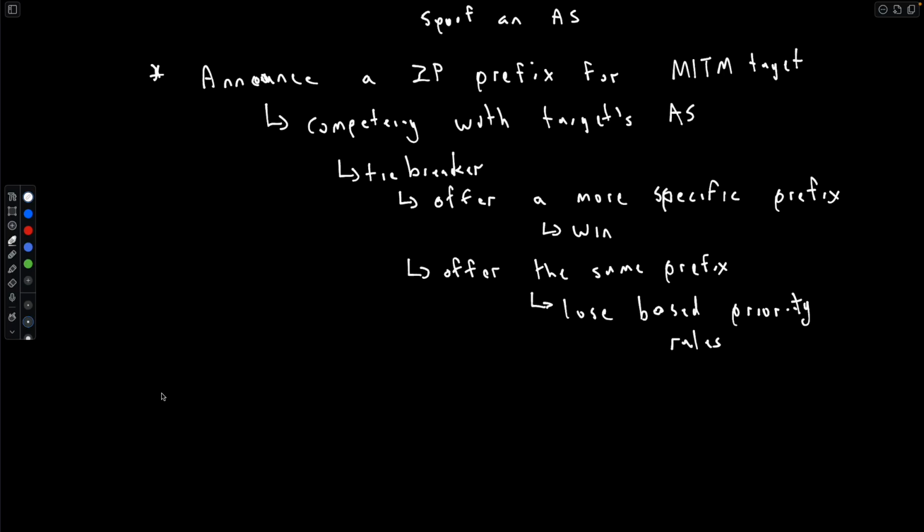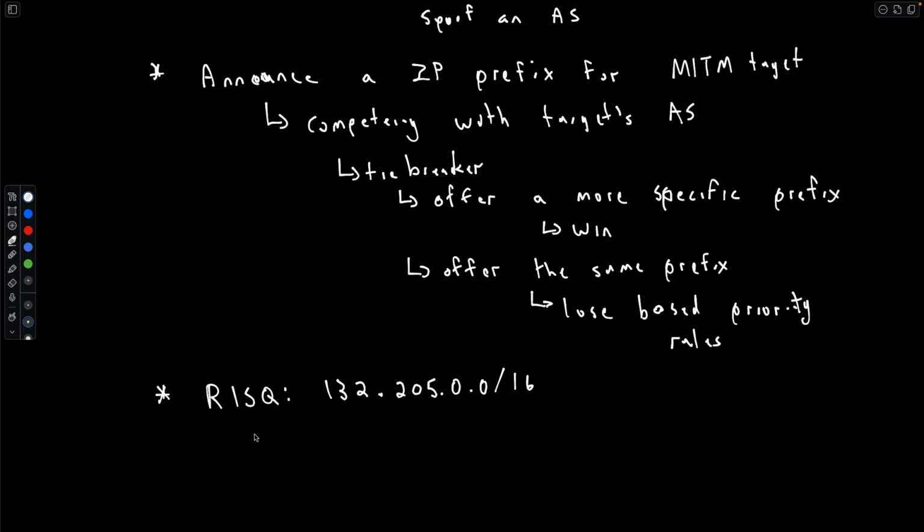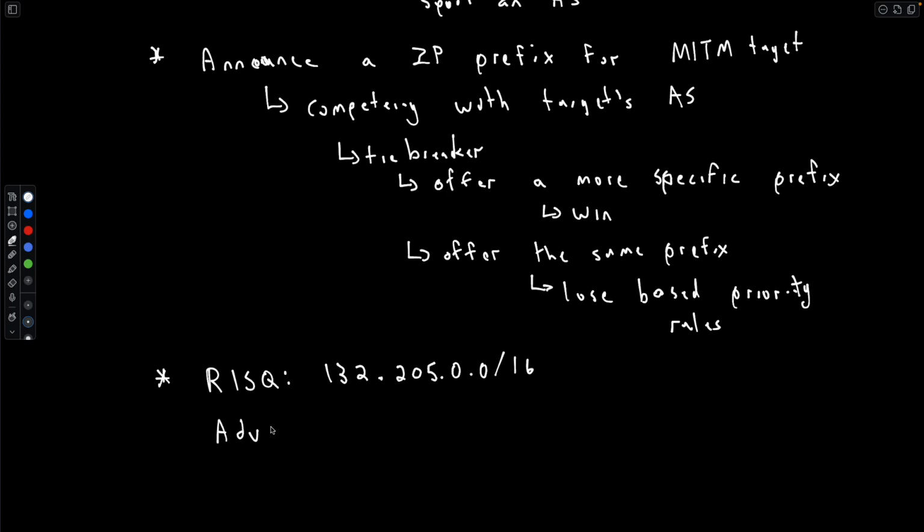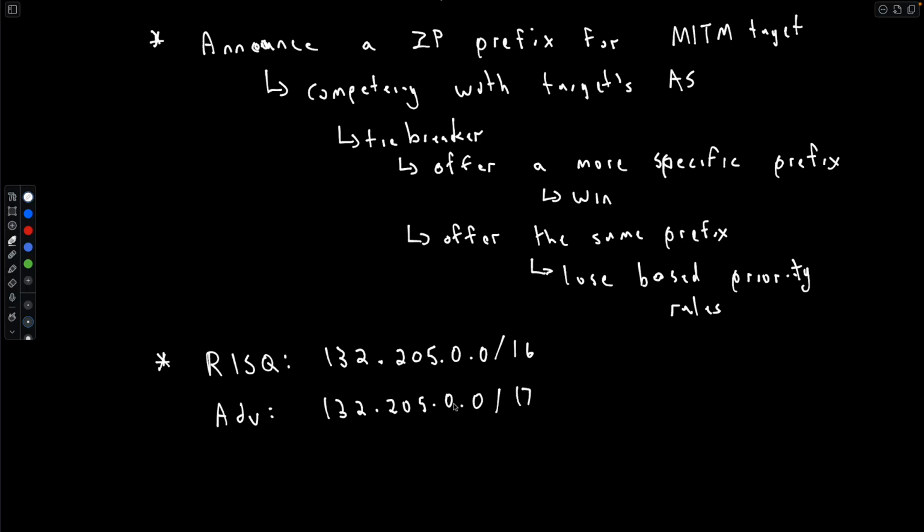Okay, so for example, let's say that risk is announcing 132.205.0.0/16. Then what the adversary will do is they'll announce, say, 132.205.0.0/17. Okay. Now, technically, this is only getting the first half of these addresses, because I'm saying that there's a 0 in the 17th bit here.